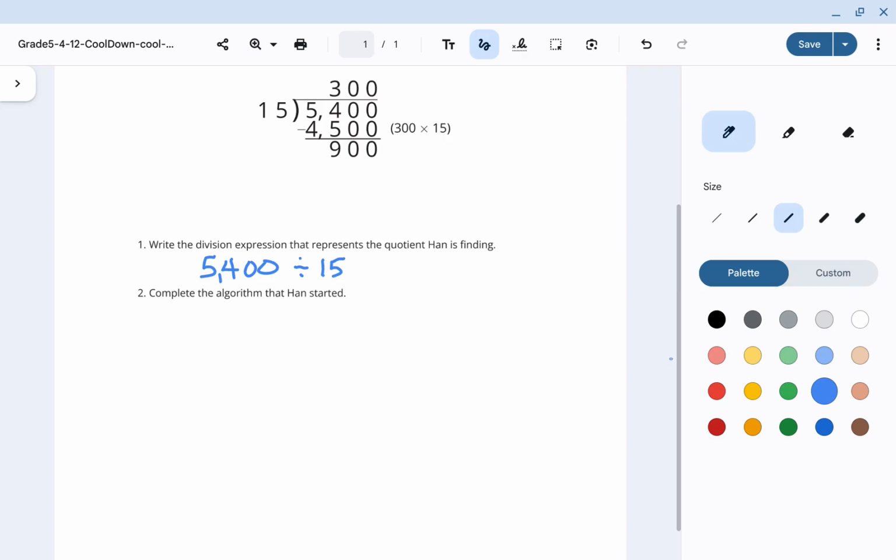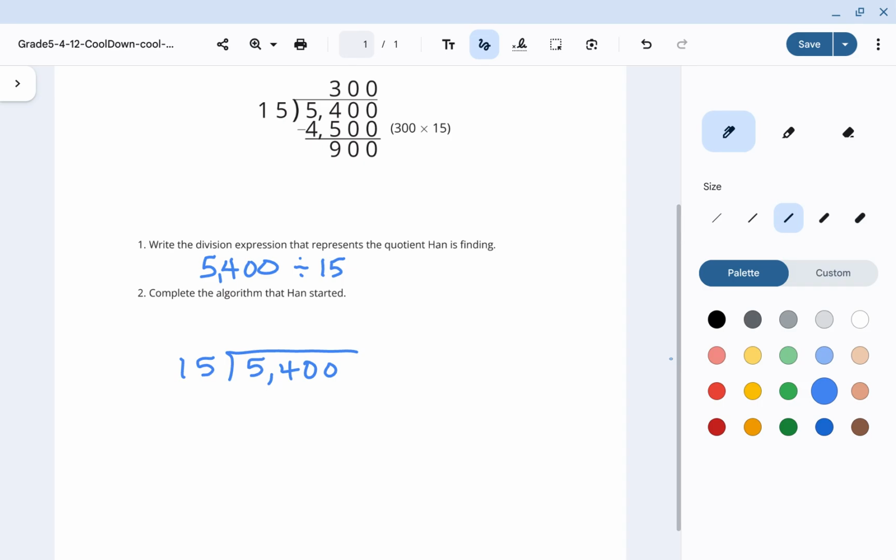Now, Hans has not finished his work, but he has begun it. So the next thing that we are to do is to actually complete the algorithm that he began. So let's give ourselves a little bit of space to work. We're going to go ahead and write our 5,400 inside that division box. We're going to put our 15, our divisor, outside, and we're going to think about the very first thing that he did.